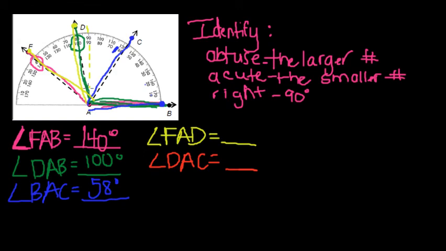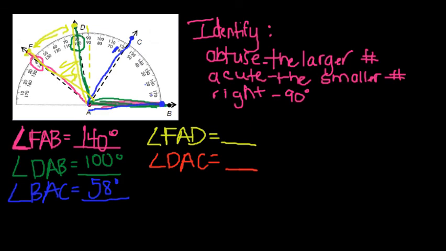So we have a problem. How am I going to find out how many degrees that is, from here to here? Well, here's what you do. You have to find the difference between here and here. First off, it's acute, so let's use the smaller numbers. It starts at 40 and goes to 80.